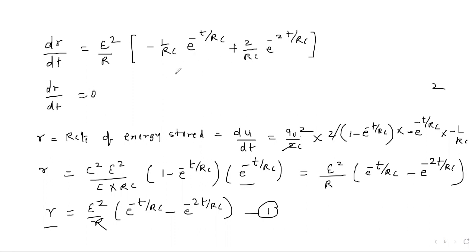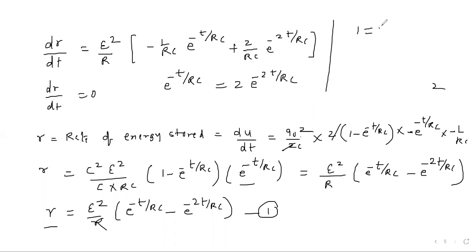So if we equate it to 0, what do we get? RC will cancel out. So we will get e to the power minus t upon RC is equal to twice of e to the power minus 2t upon RC, or one term e to the power minus t upon RC will cancel out.